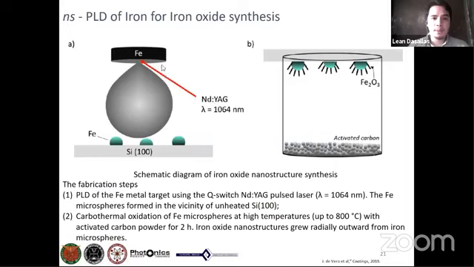So in the first part, we deposited iron microspheres on the surface of silicon using Nd:YAG pulse laser. And after we obtained these iron microspheres, we placed them in a carbothermal oxidation chamber. We placed activated carbon at the bottom and heated up the system at different temperatures up to 800 degrees Celsius.